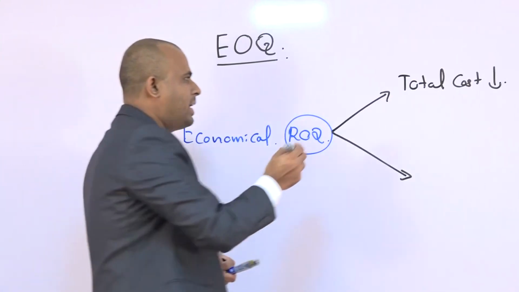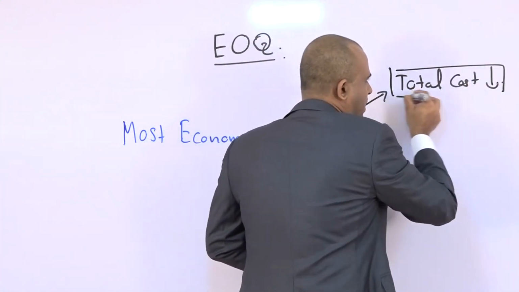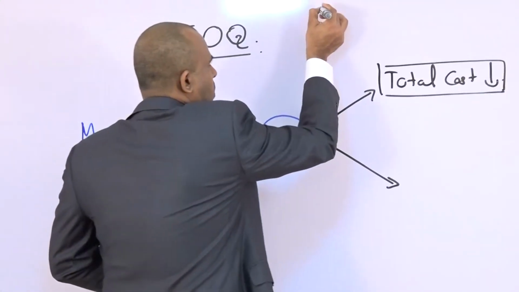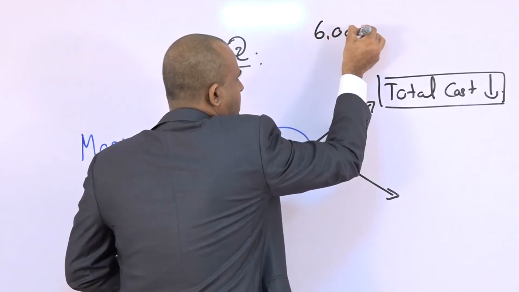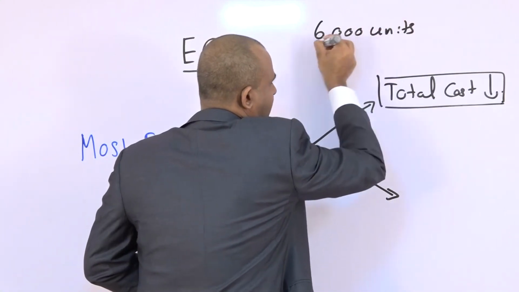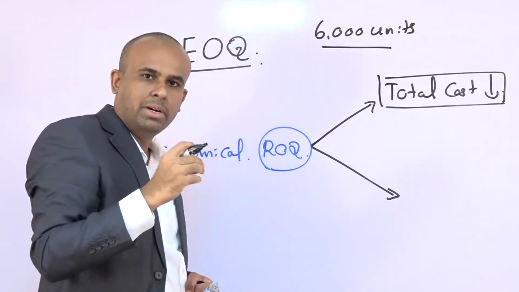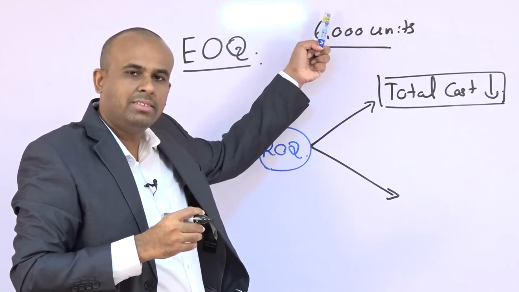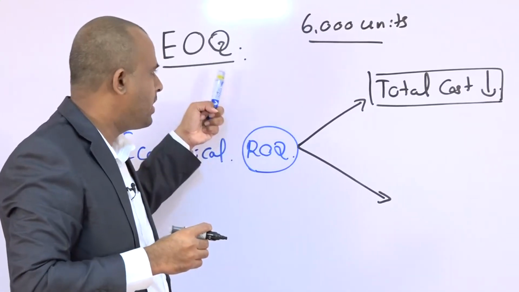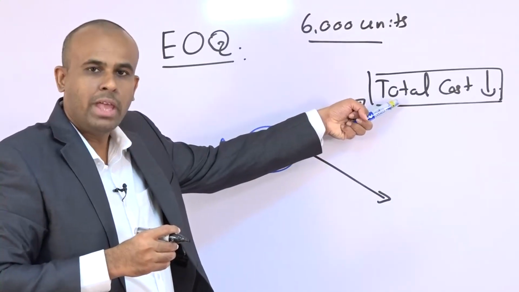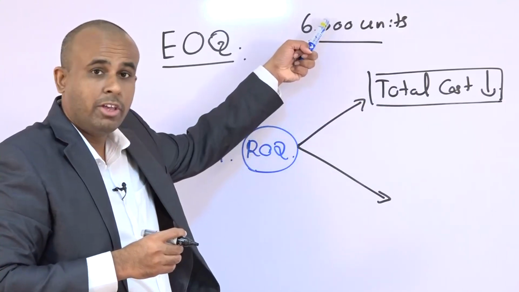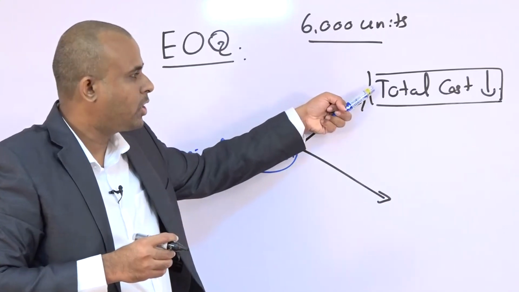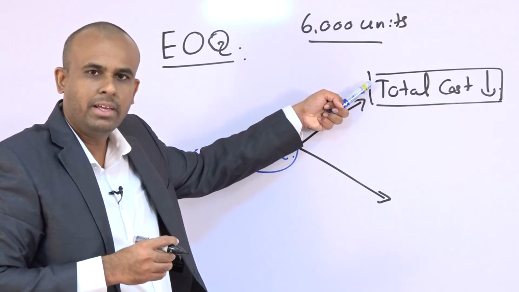If you calculated your economic order quantity as 6,000 units, that means you can keep your total inventory cost at minimum when you purchase 6,000 units at once. If you purchase more than 6,000 units at once, your total inventory cost will be more than the minimum amount. If you purchase less than 6,000 units at once, again your total inventory cost will be more than the minimum cost.